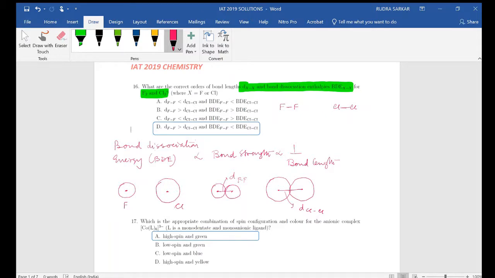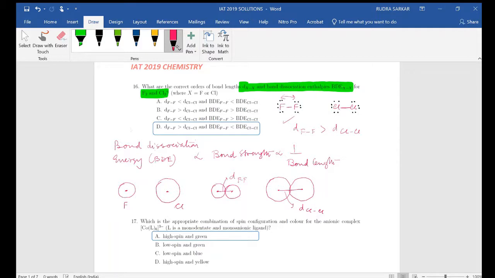Now the ClCl bond to begin with is longer in length, so the lone pair repulsions are happening over a larger distance, whereas in fluorine, which has the same set of lone pairs over the bonded atoms, the lone pair repulsion is happening over a shorter distance. Because of this fact, the distance dFF becomes greater than the distance dClCl.